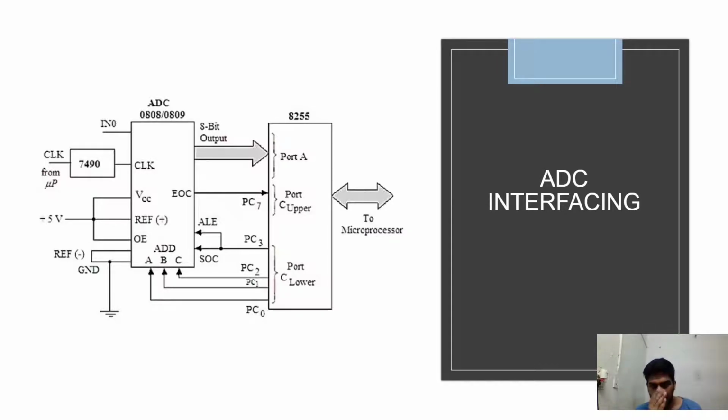Port C, upper and lower parts, are used for communication between the microprocessor and the ADC. As you can see, port C lower is connected to the SOC and ALE of the ADC. SOC here means start of conversion, and you can see that the upper part of port C is connected to the EOC of the ADC.